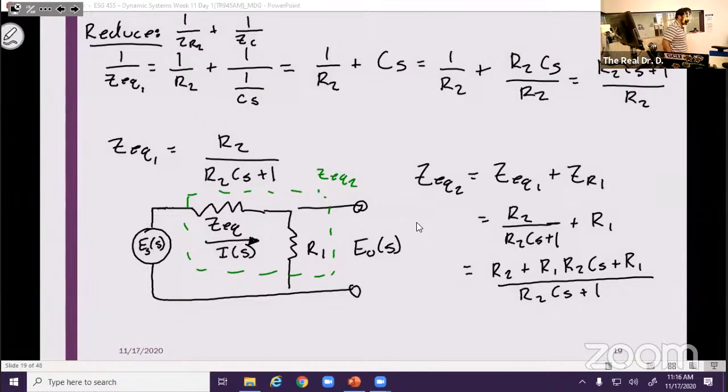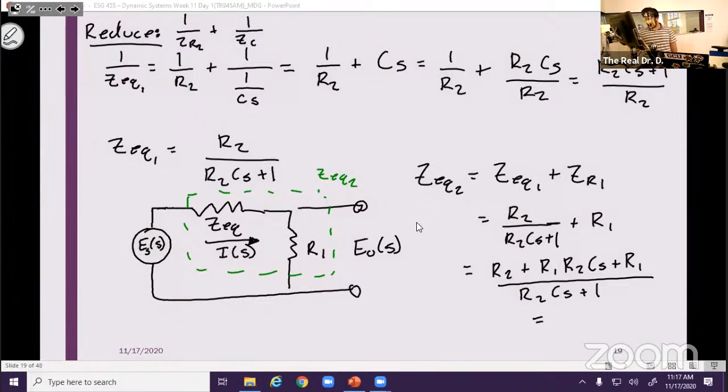Okay. So same common denominator trick that we did last one. Multiply R1 times R2 CS plus 1 over R2 CS plus 1 to get the same denominator, which leaves us with that mess right there.